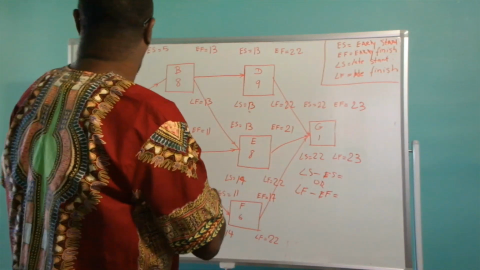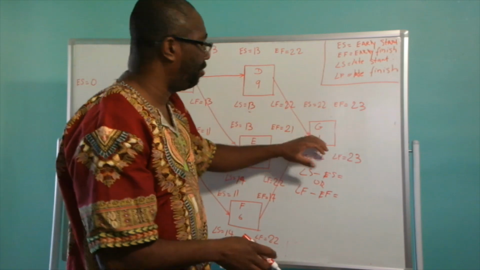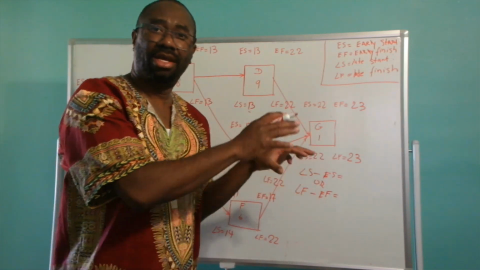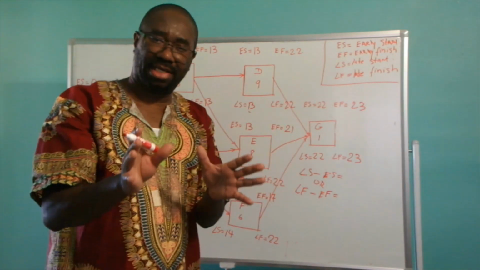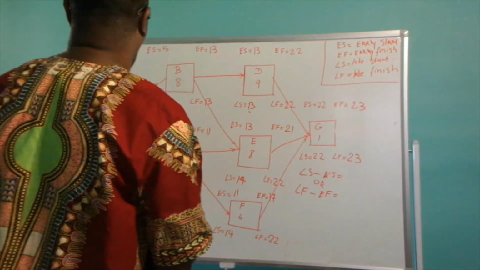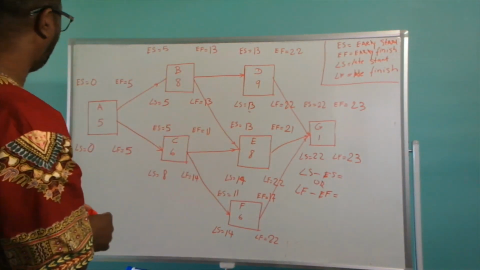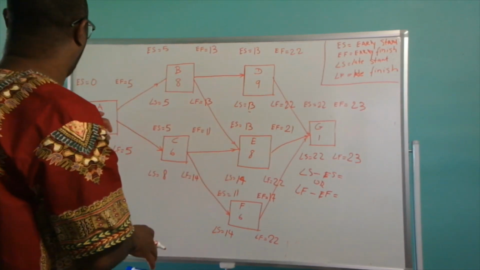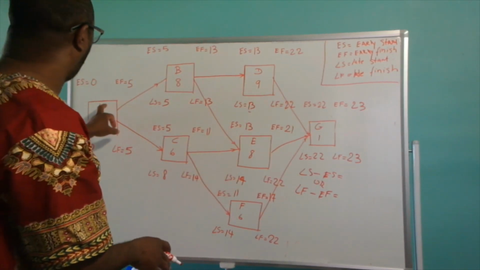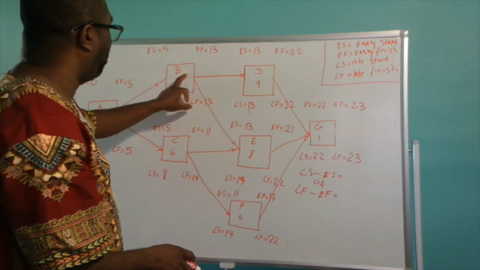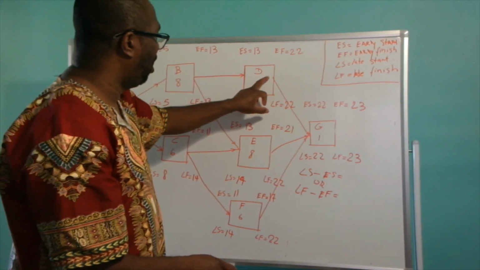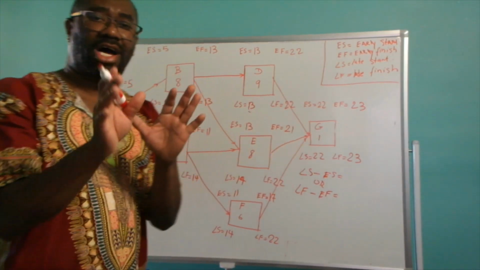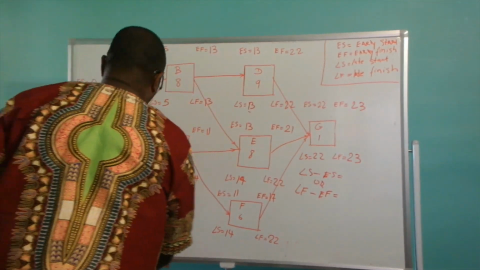So we're going to see which of these activities are on the critical path. If we add up all these here, we can see that activity A, activity B, activity D, and activity G are on our critical path.